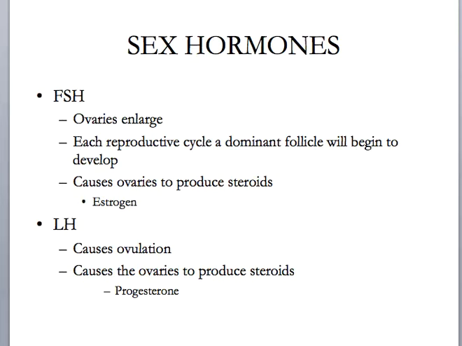And the follicle cells are the cells that surround a developing oocyte and maintain the developing oocyte, as well as produce sex hormones. And so FSH, follicle stimulating hormone, will stimulate the follicular cells in the ovaries to produce a steroid hormone called estrogen.